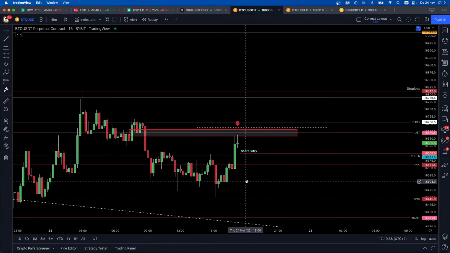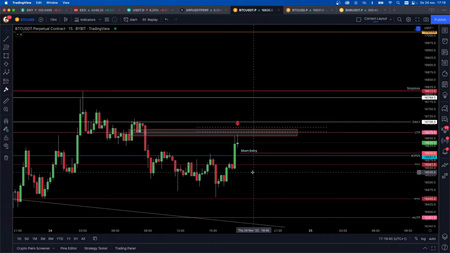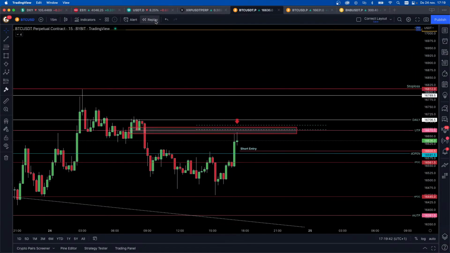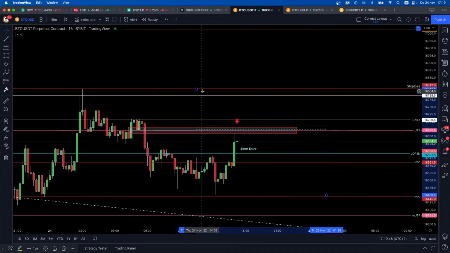I'm obviously still short, because we could still make that lower high into the fibs, so there's no reason not to take this short.